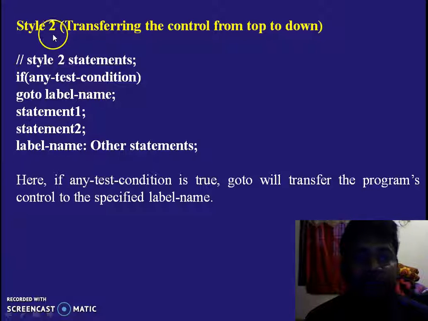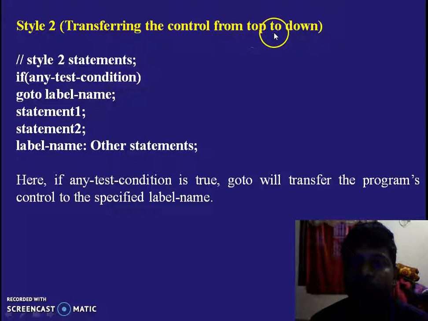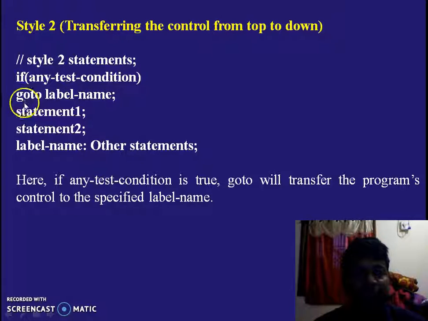In style 2, the Goto statement transfers the control from top to bottom. Here you can see the Goto statement is on top with a label name, and you can find the label at the bottom of the program.